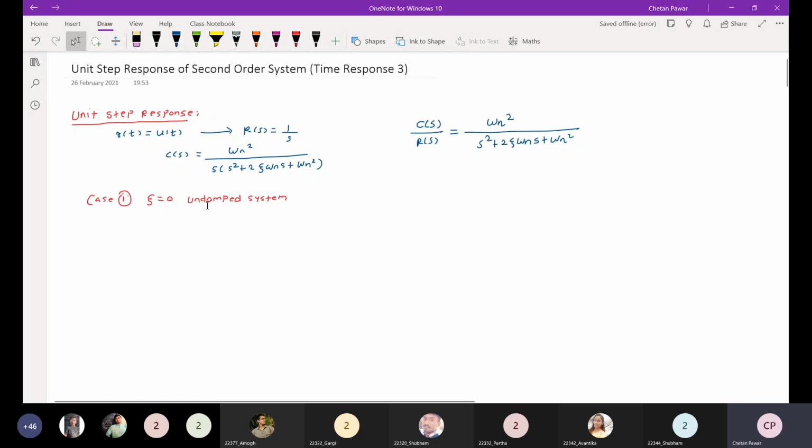As we know, when zeta is 0, the system is called an undamped system, right? So what is the effect of the unit step signal on the undamped system? Let us consider the output signal, that is C of S, where zeta is 0 here.